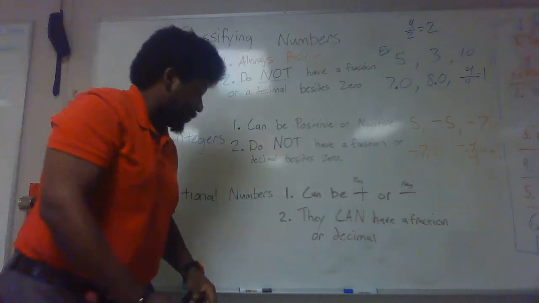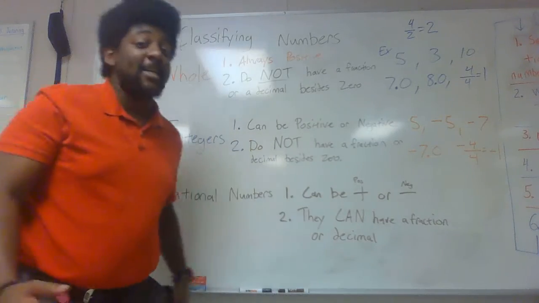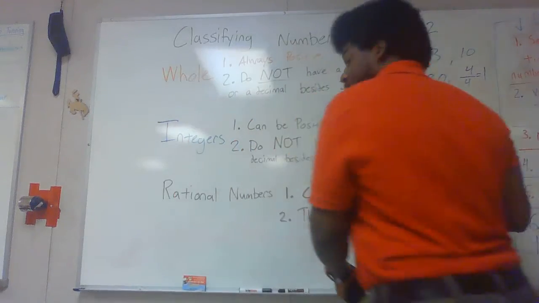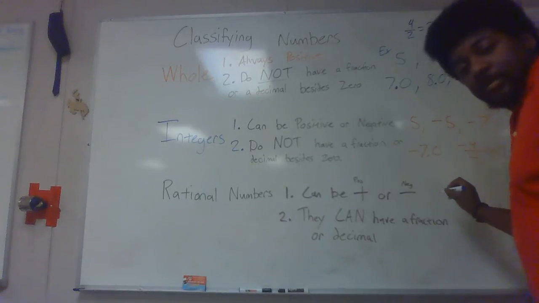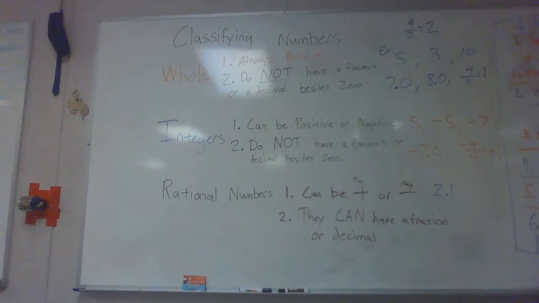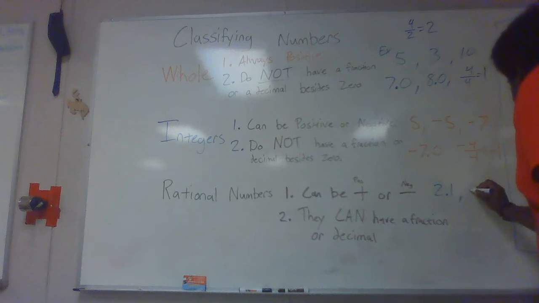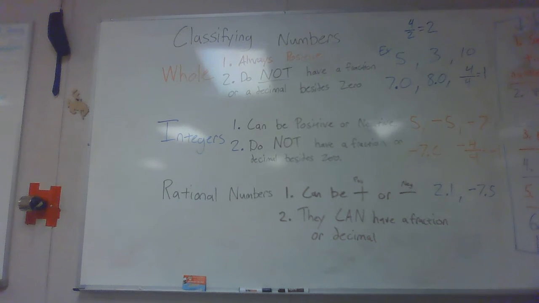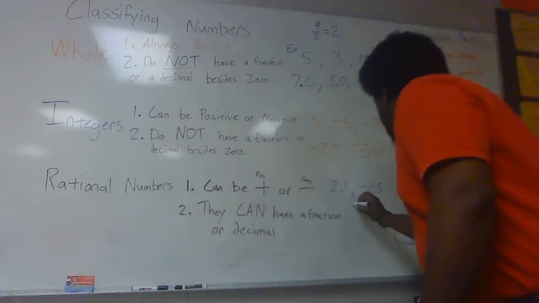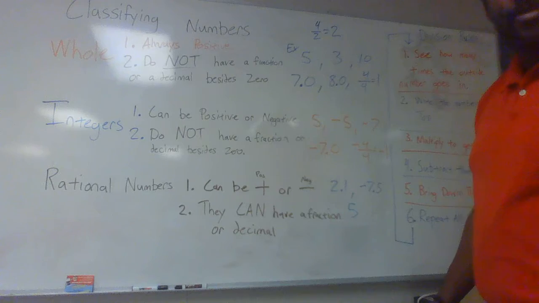So some examples of rational numbers, honestly, almost any number that you can think of at this point is probably a rational number. 2.1 is a rational number. Negative 7.5 is a rational number. 5 is a rational number.